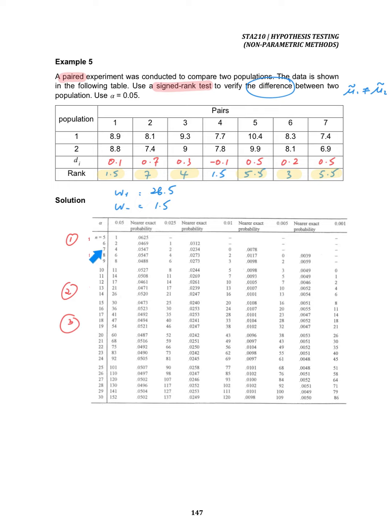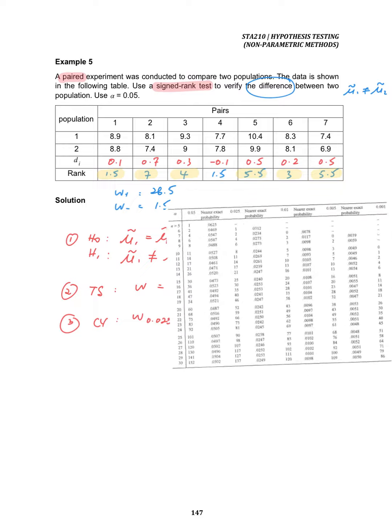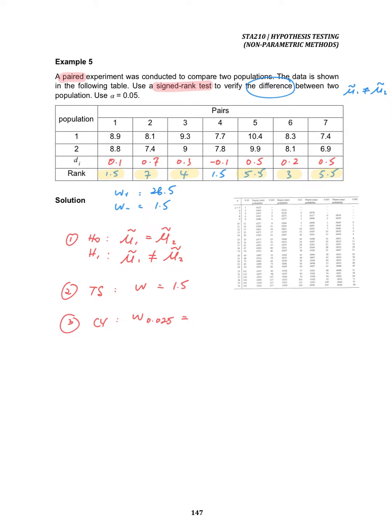So n equals 7 is here, for 0.025. So the W alpha is equivalent to 2. Again, for n equals 7, W 0.025, the W is equivalent to 2.